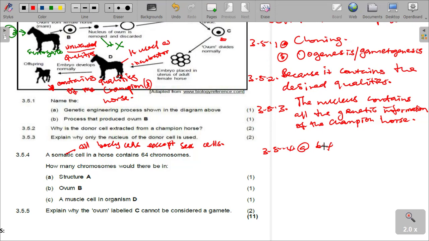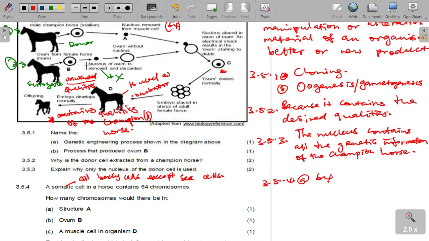That is A. And then B, how many chromosomes are in B? In B, as you can see here, this is an ovum. Therefore, it has undergone meiosis. It contains half the number of chromosomes.